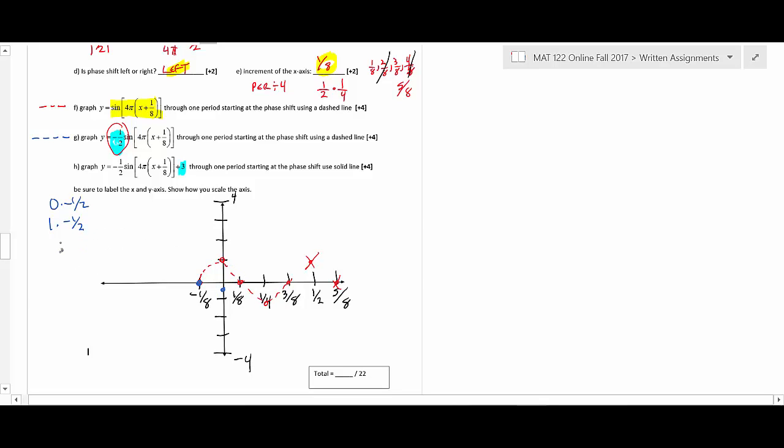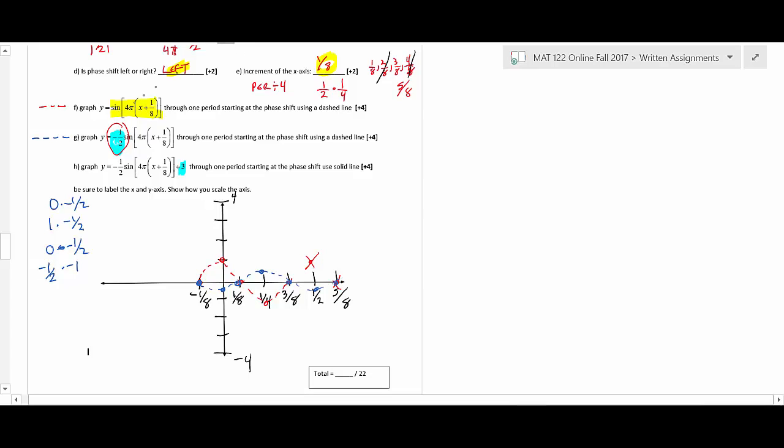Then you're doing again 0 times -1/2 is still 0. And then finally you're doing -1/2 times -1. So that moves up to 1/2. Okay, so see your key points are going like that. Now it's going to go to 0, -1/2, back to 0, because once you get one period, then you're okay.